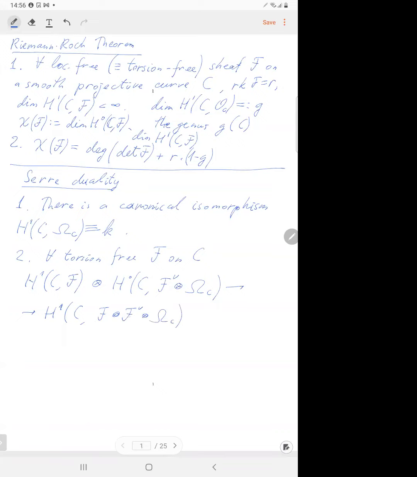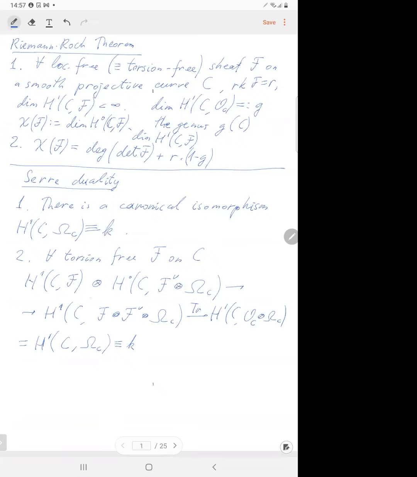And then from F tensor F dual, we have a trace morphism, or evaluation, whatever, a morphism to just the structure sheaf, O_C tensor omega C. But now the tensoring with a structure sheaf is nothing, so it's just the first cohomology with coefficients in the sheaf of differentials, and we know that this is just the ground field, and so we obtained some pairing between those two finite dimensional spaces: first cohomology with coefficients in F, and zeroth cohomology with coefficients in F dual tensor differentials.